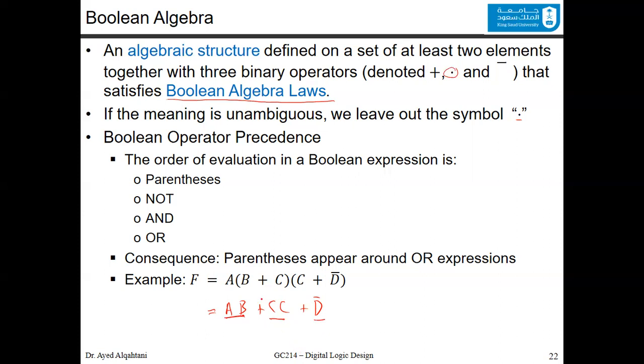To make sure that the ORing order is correct, and you wanted B or C first, you have to include the parentheses. So right now you have 3 terms. The first one is A, the second term is B or C, and the third term is C or D bar, and they are ANDed together.